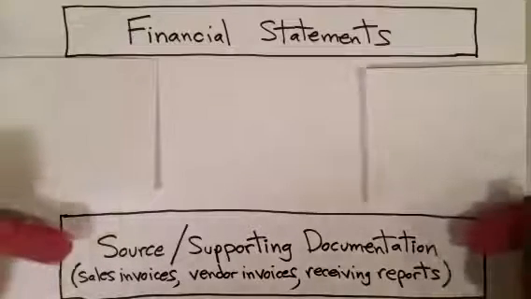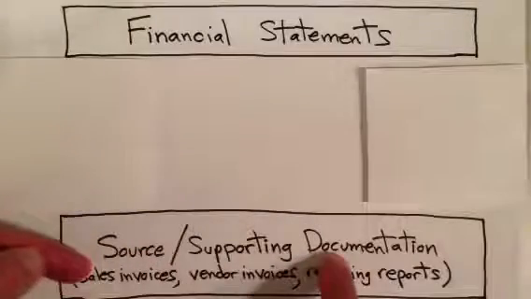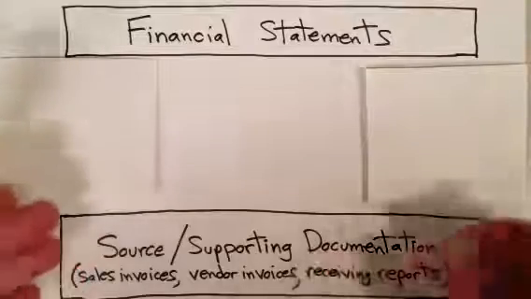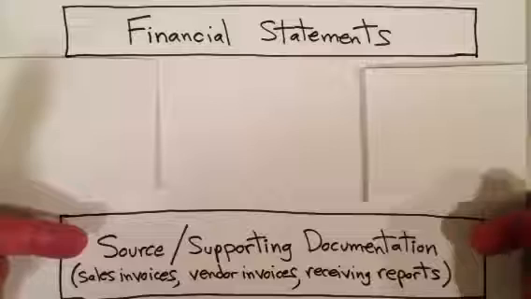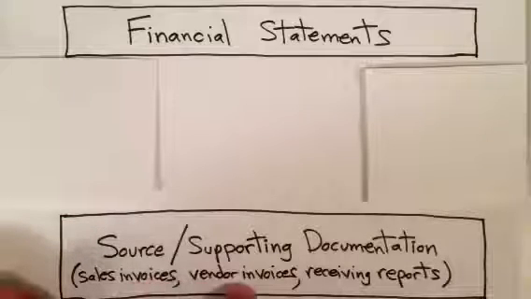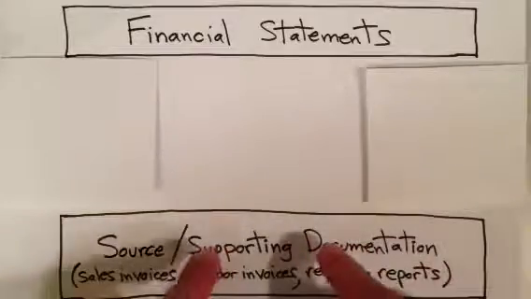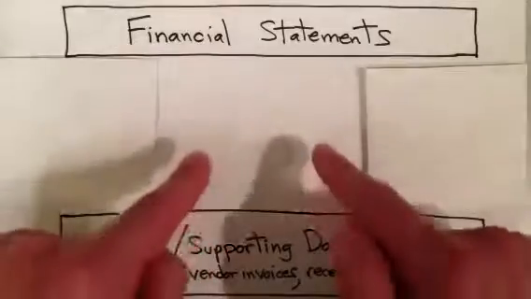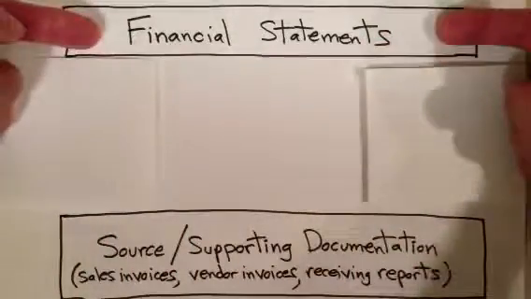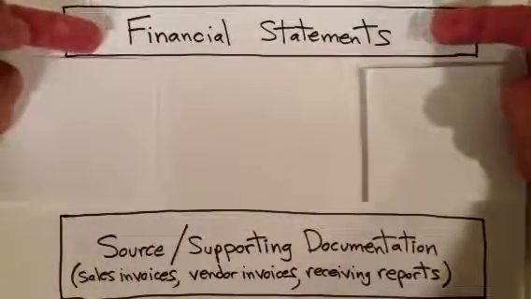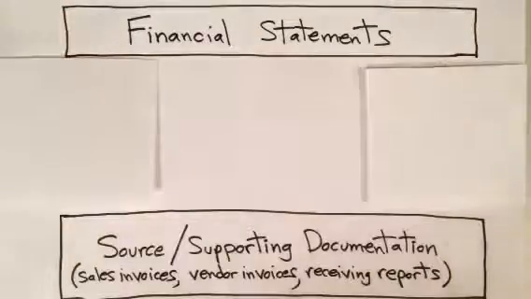So again, at the base, at the foundation, we have our source or supporting documentation that we as auditors can look at as evidence to test and see what our client has in sales invoices, vendor invoices, receiving reports, and similar things. This information should ultimately work its way up through our accounting system and find its way into the financial statements, where it will be reflected in the balances shown on the balance sheet, the income statement, the cash flow statement.